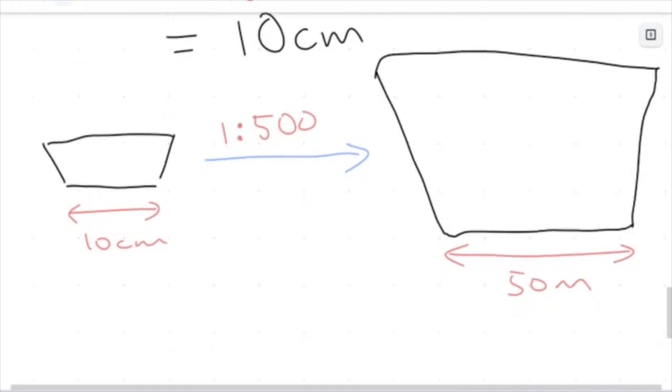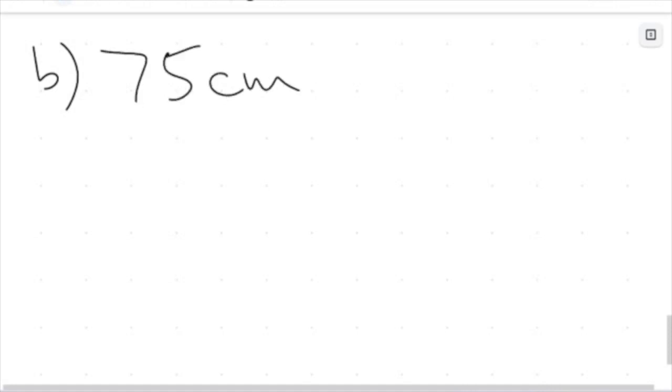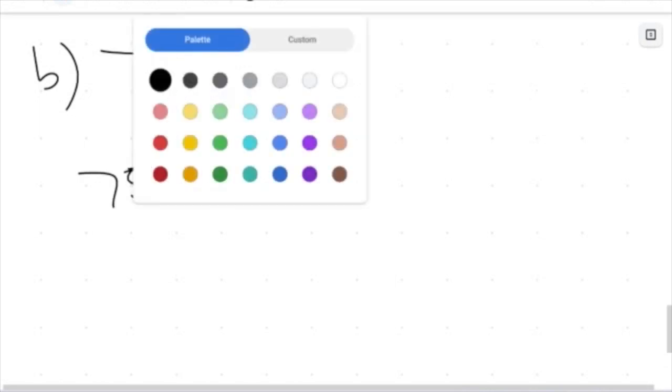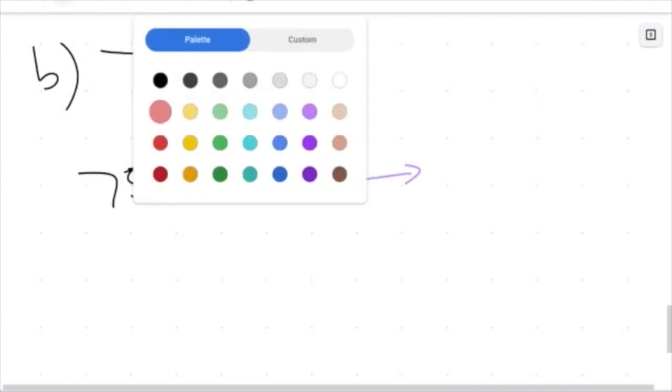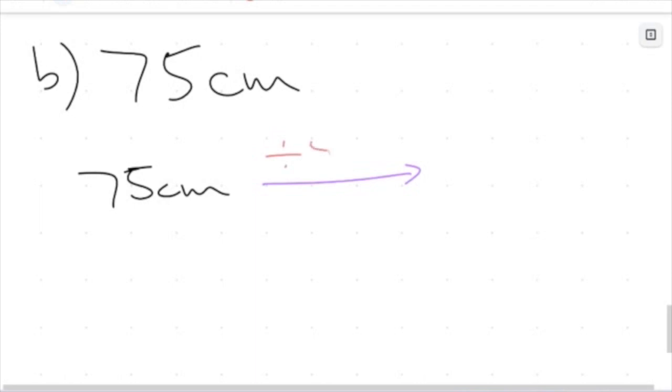Now let's look at one more question. I want to find, for part B, the scaled length when the actual length is 75 centimeters. All right. Once again, to get from 75 centimeters on my actual length to my scaled length, I'm going to divide by 500.